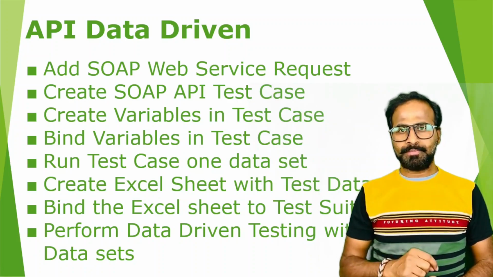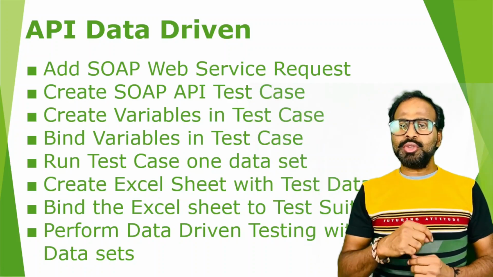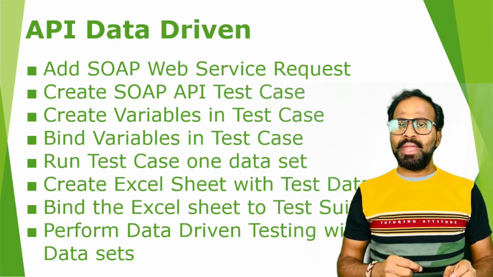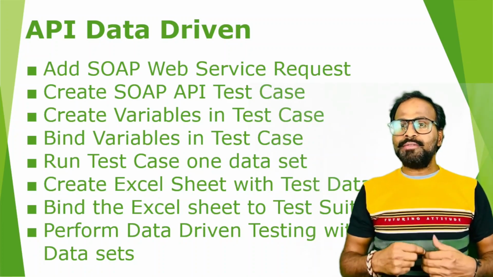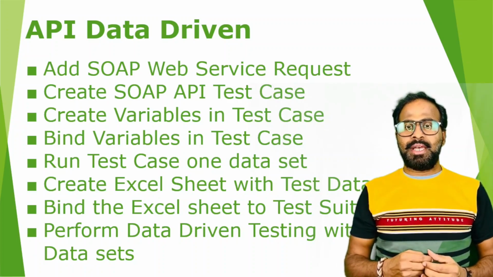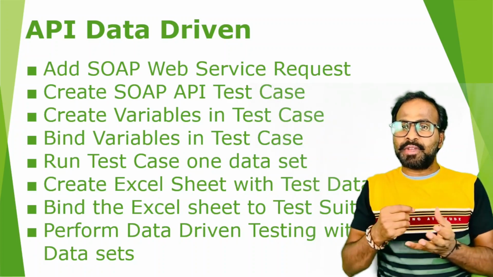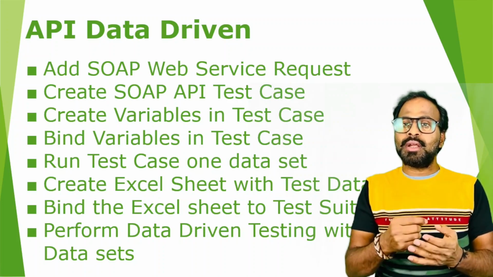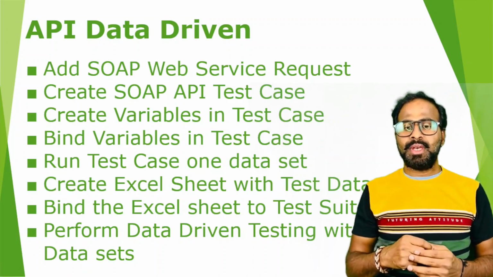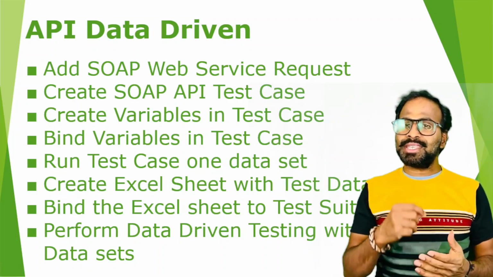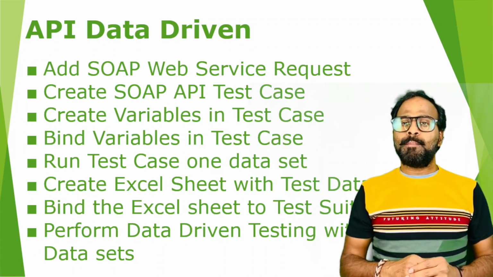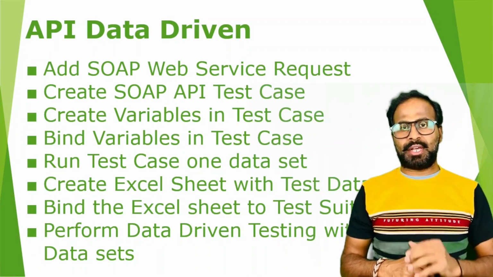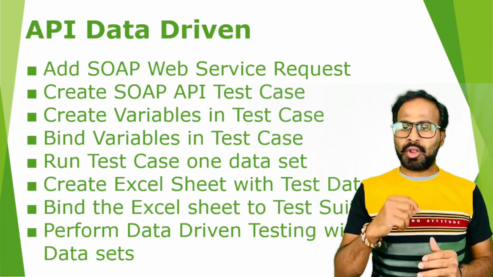In this lesson, I'm going to teach you how to add a SOAP web service request in Katalon Studio, how you can create a SOAP API test case by using Katalon, and then how we can create variables, and then how we can assign these variables in your automated test case, and then how you can run the test case by using these assigned variables with one set of data in Katalon.